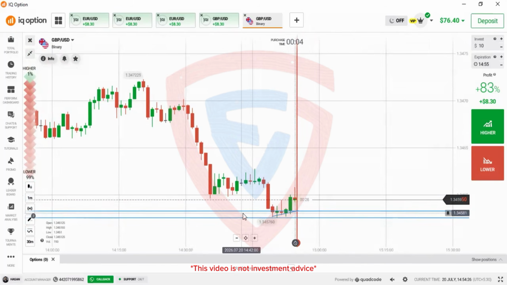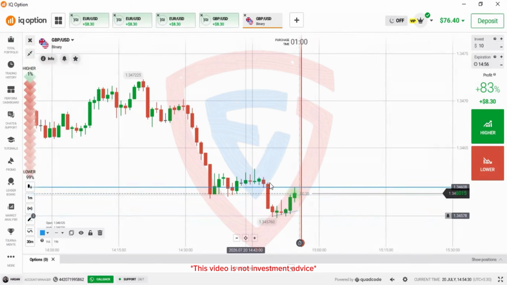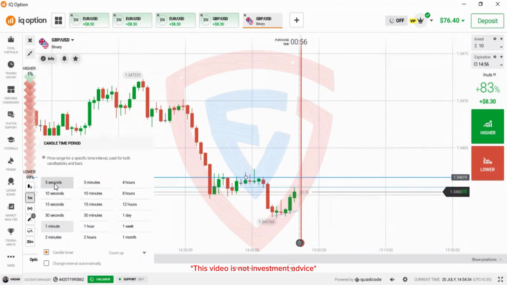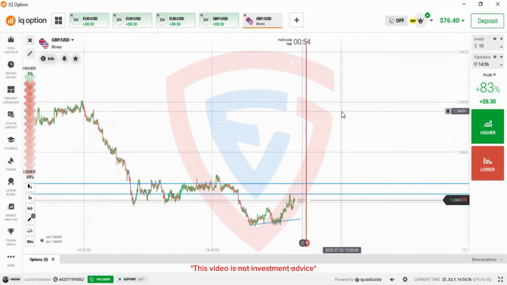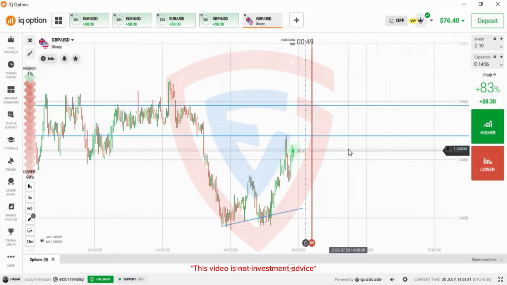Okay, so from this point it is getting support. You can see this candlestick. So this candlestick from this point, we are seeing rejection, but there is no new low to place a lower option trade.